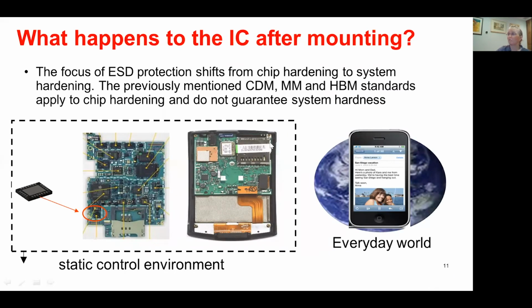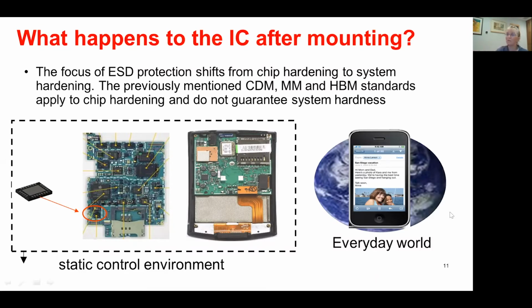Okay, so in general, the IC, the assembly, and the assembly into the final system is done in a static controlled environment. But in reality, we walk around in the real world and we hold on to and touch and interact with these electronic systems all the time. We're not wearing wrist straps.